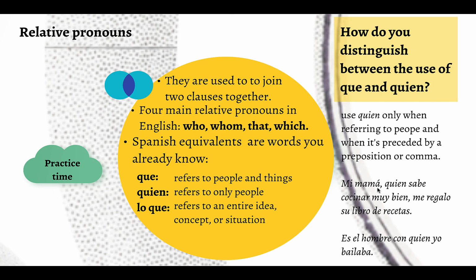Mi mamá, quien sabe cocinar muy bien, me regaló su libro de recetas. Es el hombre con quien yo bailaba. Here we have the preposition con before quien, right? So that is how you know when to use quién or qué.